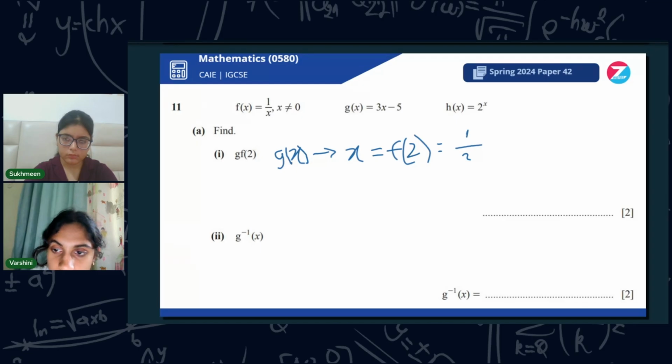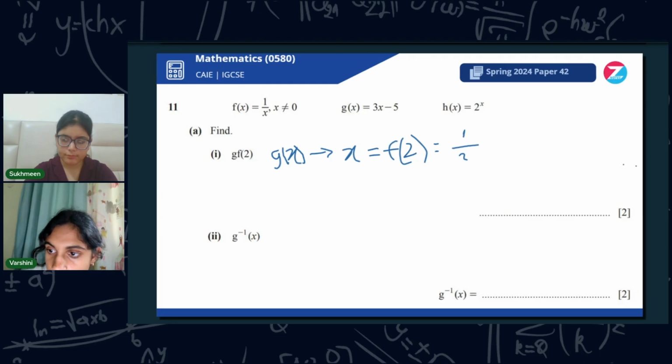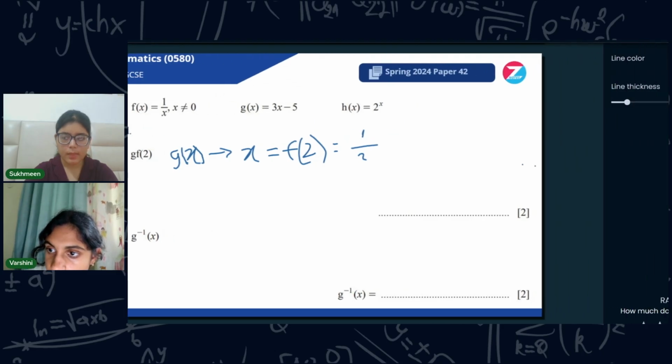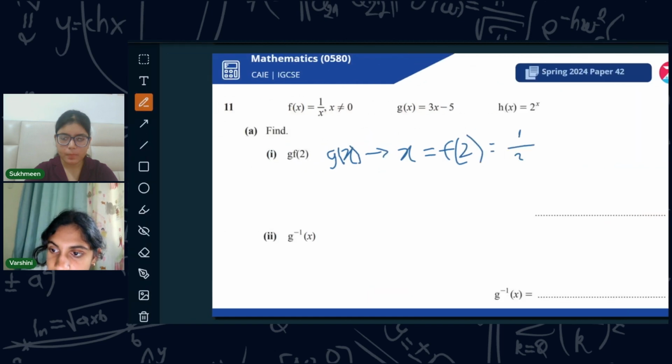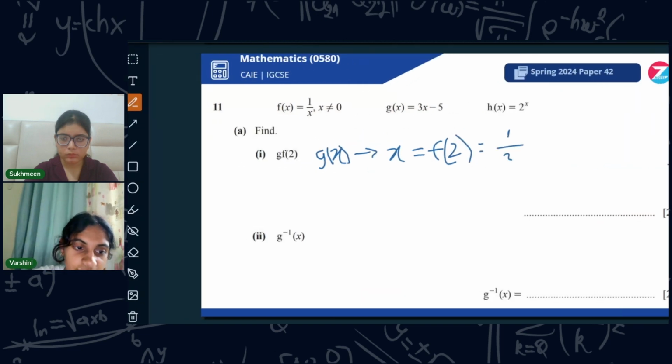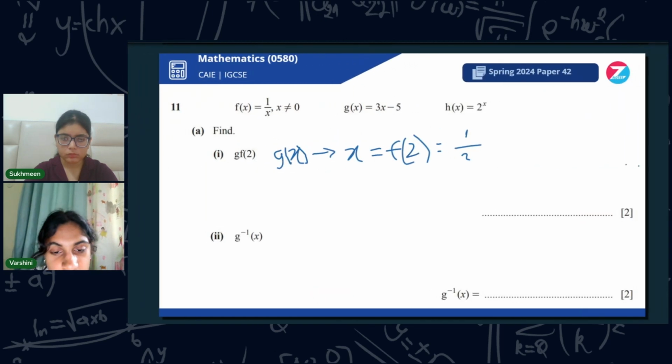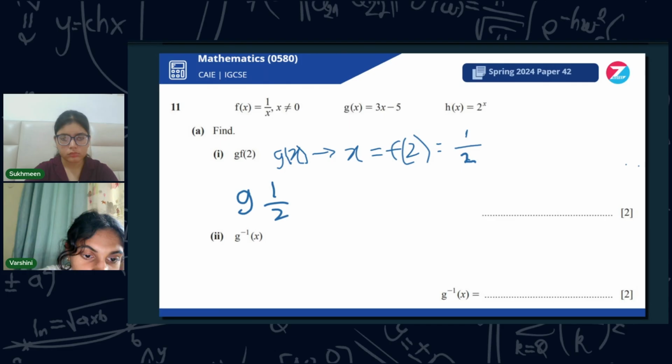So f of 2 is 1 by 2, and we need to put that inside our g of x. So let's make that g of 1 by 2.